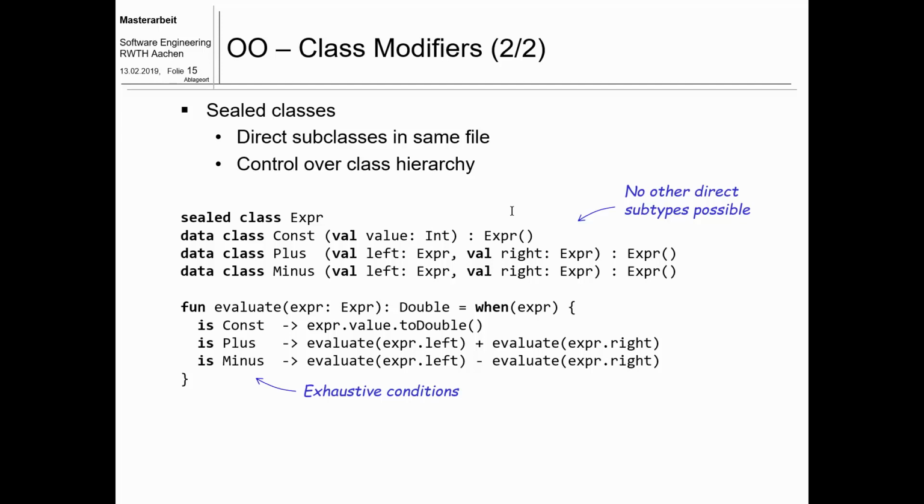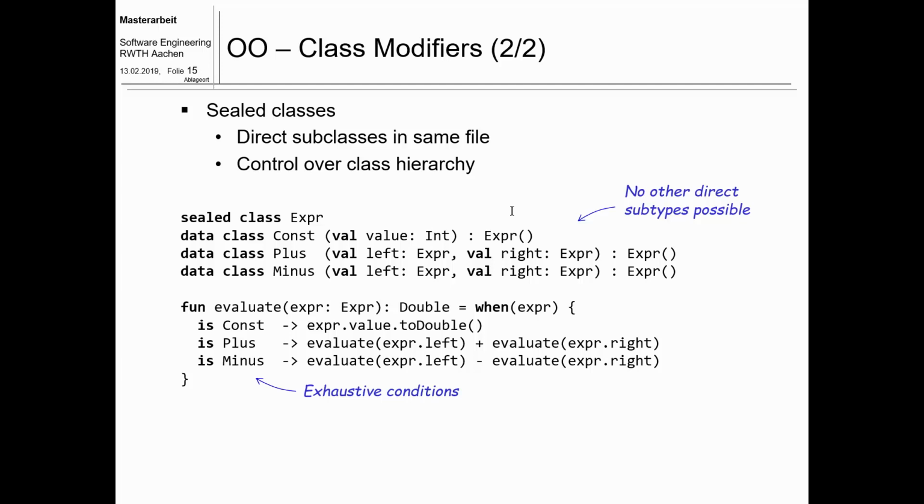So you can then have different objects for each of those direct subclasses. Like you can see here, we have 3 direct subclasses as data classes, from which, of course, you can create any number of objects. But in general, you can see that the compiler really makes use of all the information it can get from things like sealed classes, from things like nullability annotations, and all those kinds of things.